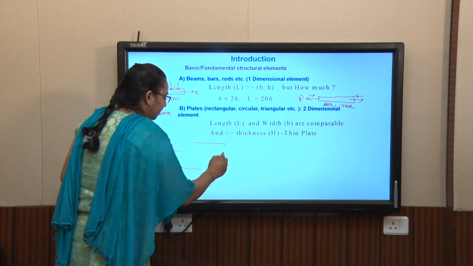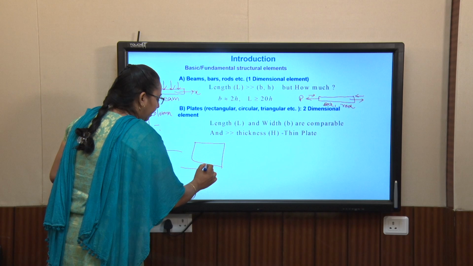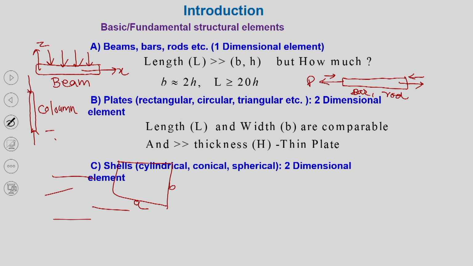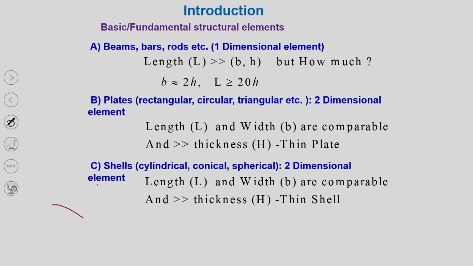So, if you define a plate when a and b are the length and width and thickness h, and a and b are very much greater than 2h, then we can treat it as a plate. Then further, shells or cylindrical shells. Shells may be cylindrical, conical or spherical. So, 2-dimensional shell elements have length and width comparable and thickness very small.